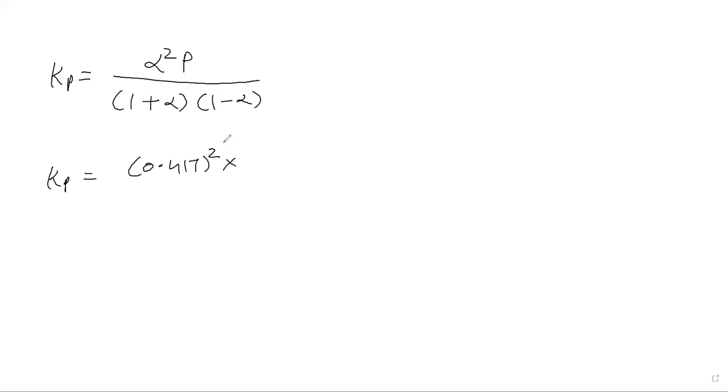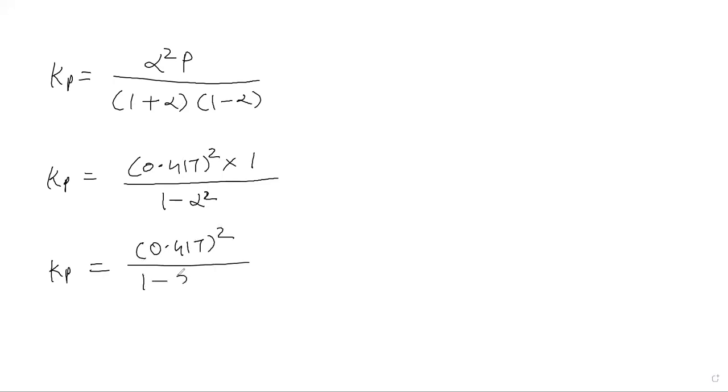What's the value of P? That's the total pressure, given as 1 bar. In the denominator, 1 plus alpha into 1 minus alpha, I can write as 1 minus alpha square. So this gives me Kp is equal to 0.417 square divided by 1 minus 0.417 square. So this value will come to 0.21.